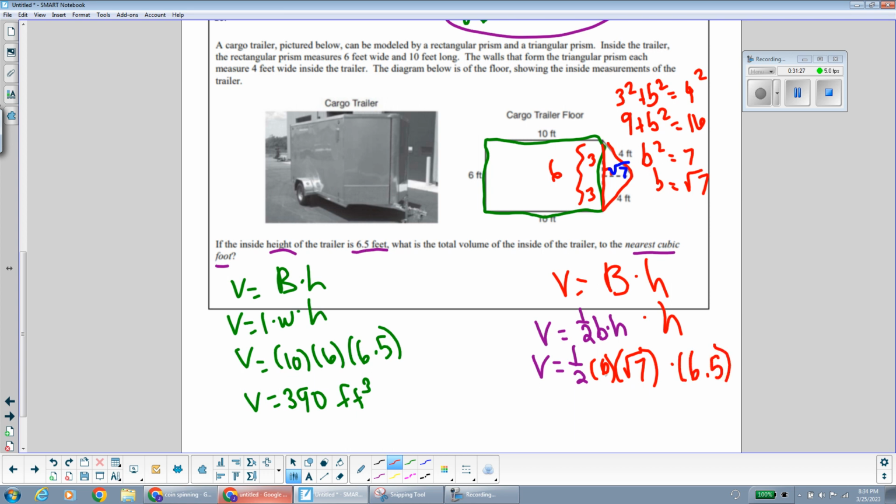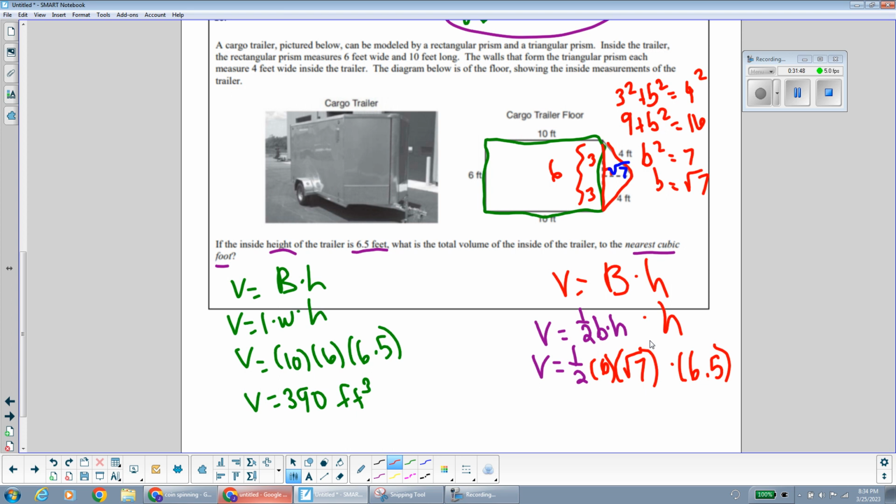So area of the base times the height of the whole 3D shape, the height of the whole trailer. And since the area of the base is a triangle, that's where I got 1/2 base times height from. That's our formula for area of a triangle when we are able to locate the base and the height. And in this situation, we are able to locate the base and height.